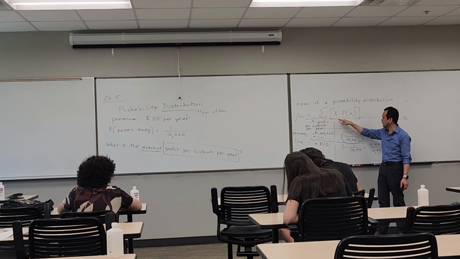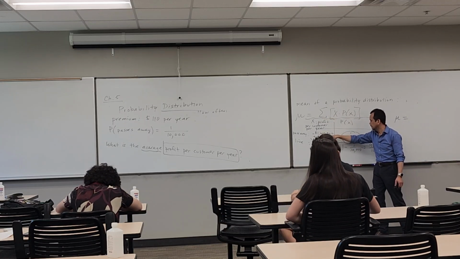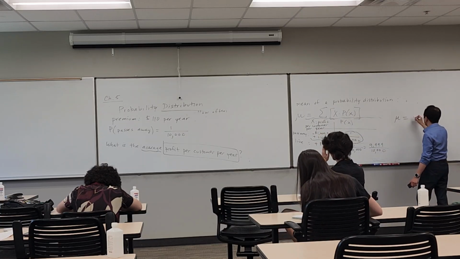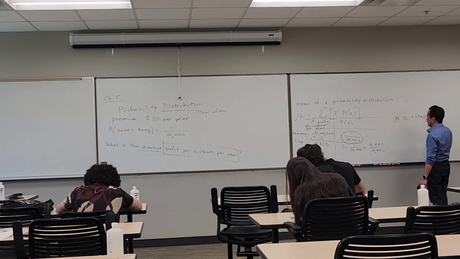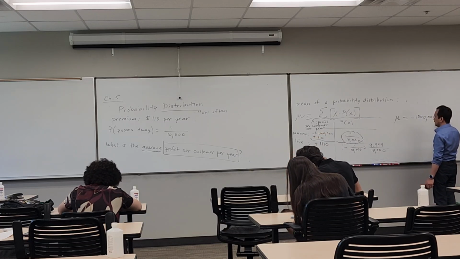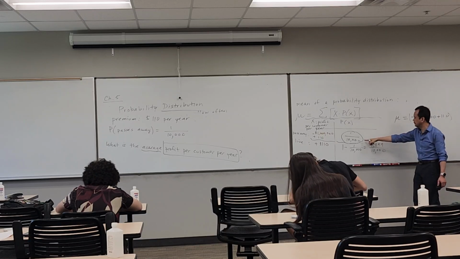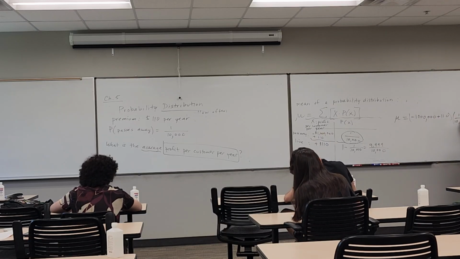We're adding up each x times p of x. So x, in the case of the first row, will be -$1 million, times its respective probability, which is 1 in 10,000.